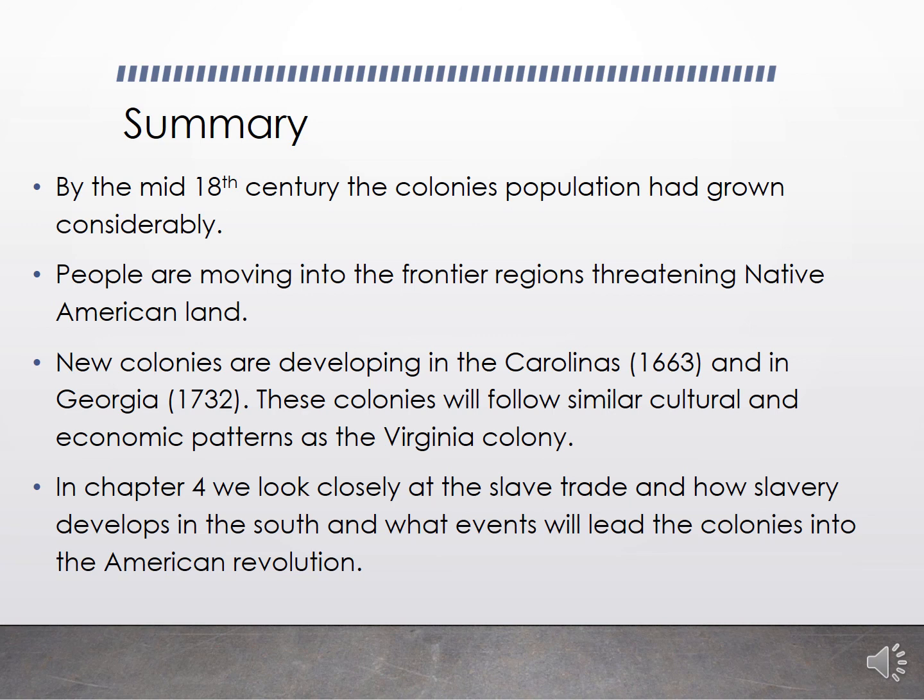Now, that doesn't mean that there wasn't slavery in the northern colonies. There was, and there were slaves there. Okay, so I don't want you to think that there was no slavery there. There certainly was. But their need for a large labor force was not as great in those northern colonies, because the plantation system is really what's driving that African slave trade.